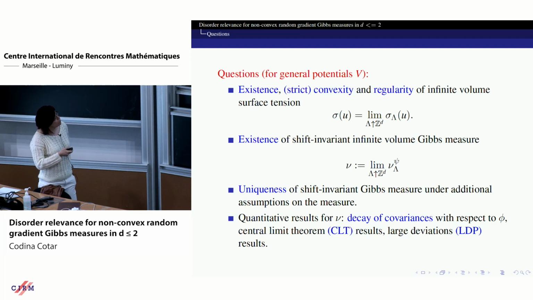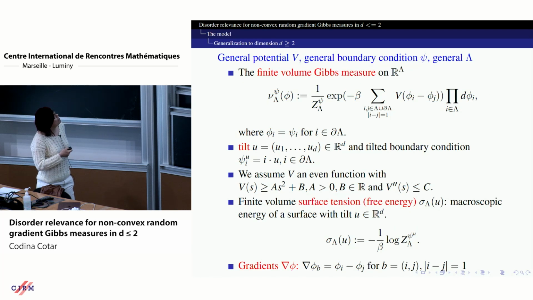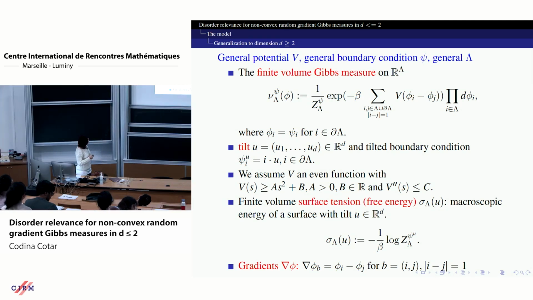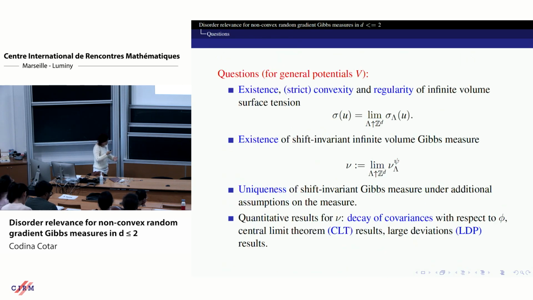Then, of course, the next question addresses the finite volume Gibbs measure itself. We want to take some sort of infinite volume limit of this. As Marek explained on Tuesday, you can take such a limit as long as you define the so-called DLR conditions, and then you can think about whether such a limiting object exists, and under which assumptions on the potential it exists.